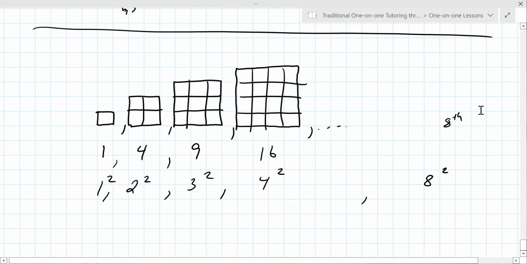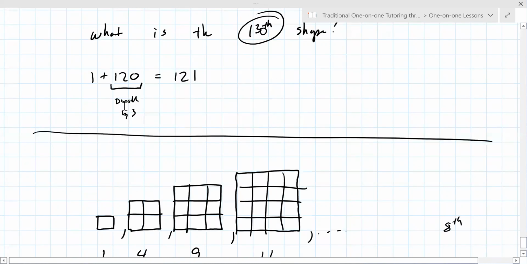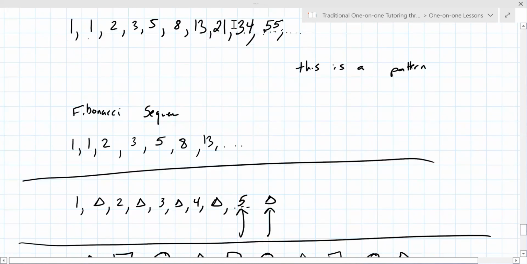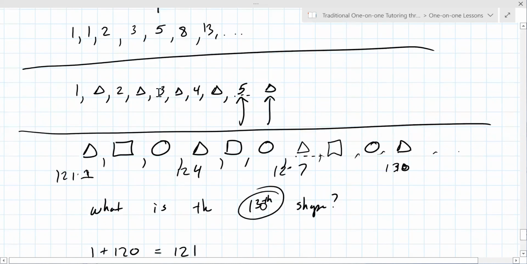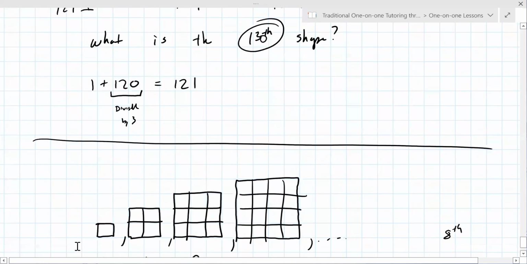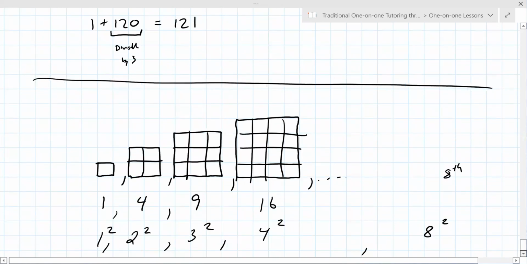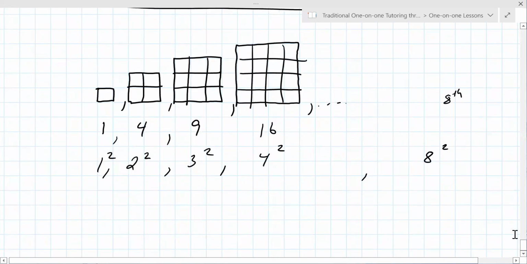The takeaway I want you to have is the patterns. There's numerical patterns, there's numbers and shapes, there's shapes only, there's growing patterns, there's lots of patterns. Anything could be a pattern almost.